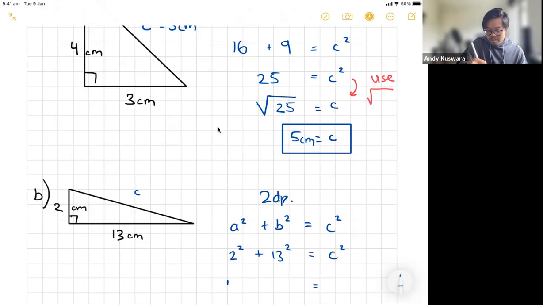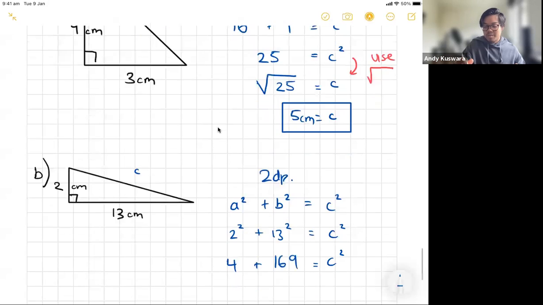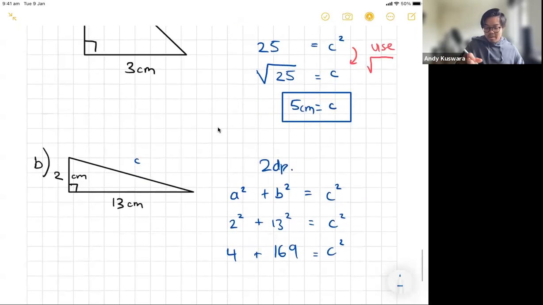Now 2 squared is 2 times 2, which is 4. And then 13 squared is 13 times 13. I know this, but I'm just going to type it in so I don't make a mistake on the video. 169. Now 4 plus 169 gets us to 173 equals c squared.